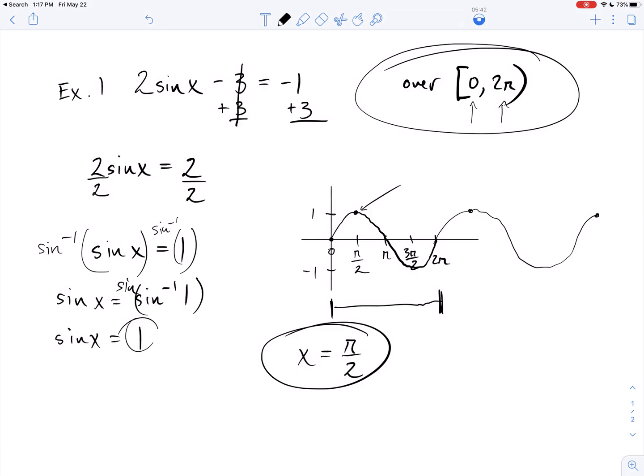There's only one location between 0 and 2 pi where I'm going to get this value to work out. So in this particular case, whenever I get a sine equals -1, or a sine equals 0, or a sine equals 1, I think quadrantals, and I also think look at the graph.